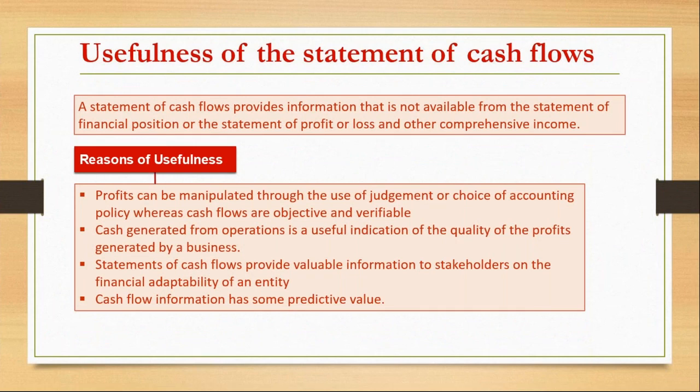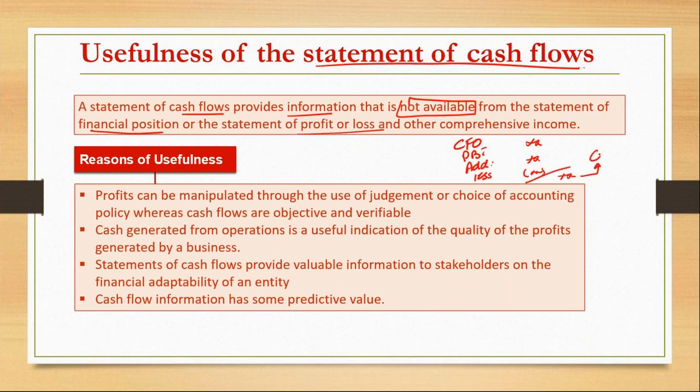Okay, so when we talk about the usefulness of the statement of cash flows, it also provides information which is very useful for the analysis because it gives values which are not available in the financial position or the income statement. For example, for cash flow from operating activities, we use the profit before tax and remove the non-cash and non-operating values, which converts the value into the cash that we are generating from the operations.